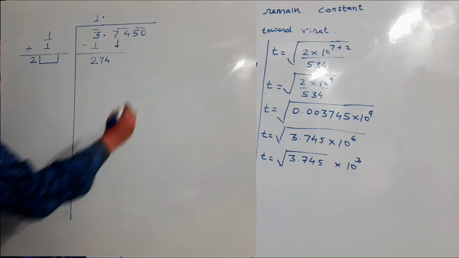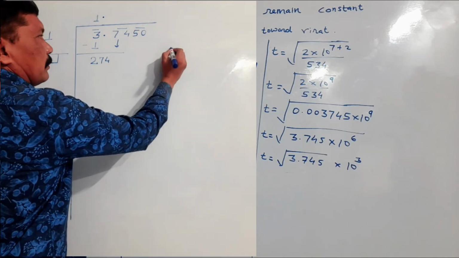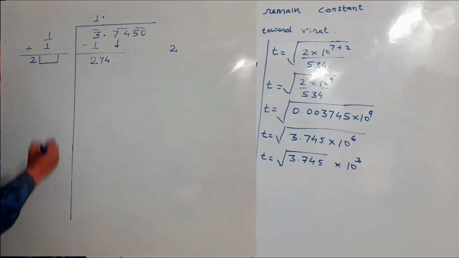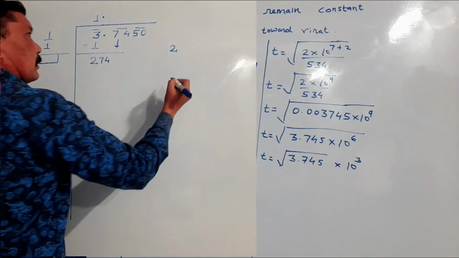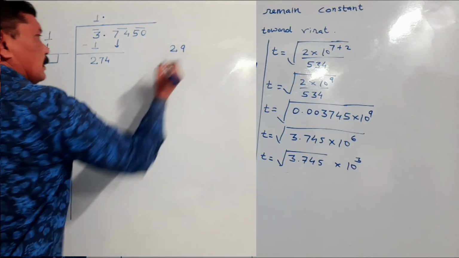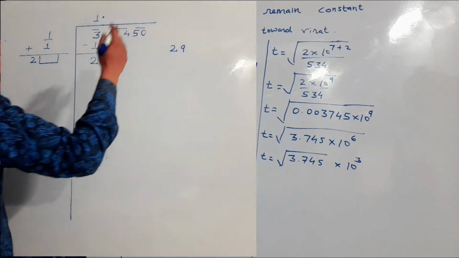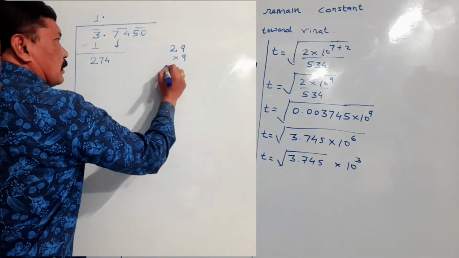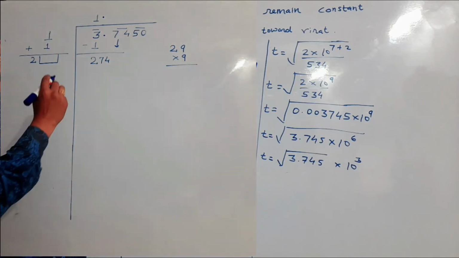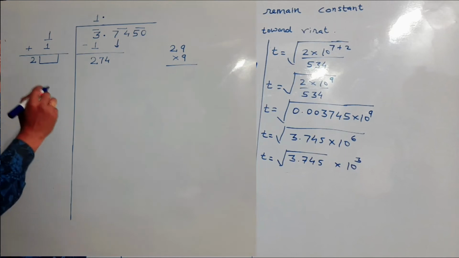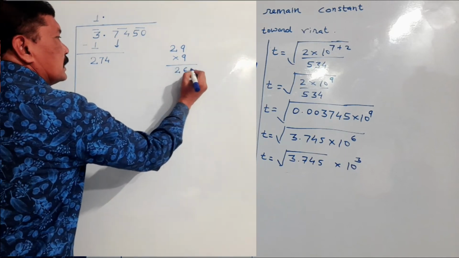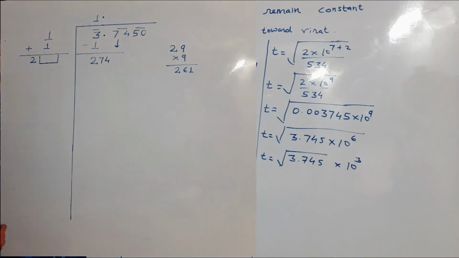For example, here my dear student, we have 2. If we take a number 9 and then multiply it with the same number, that is 29 into 9, we will get 261.